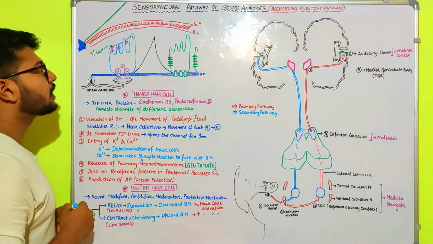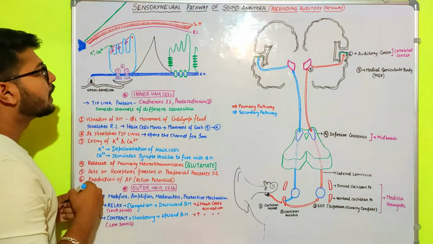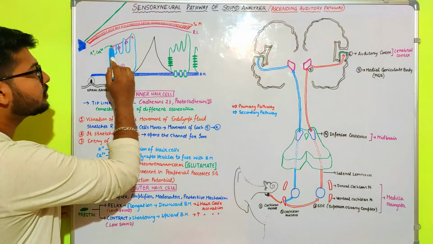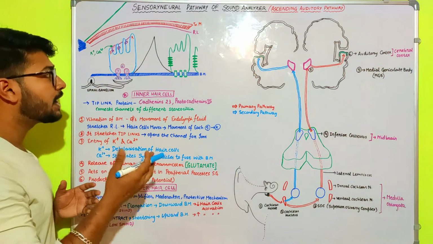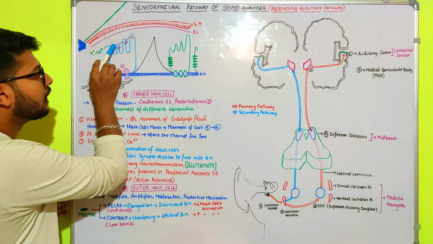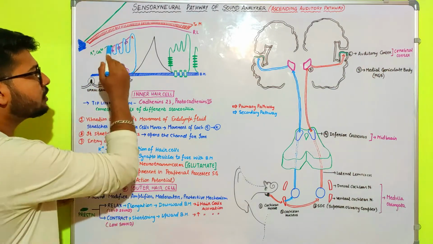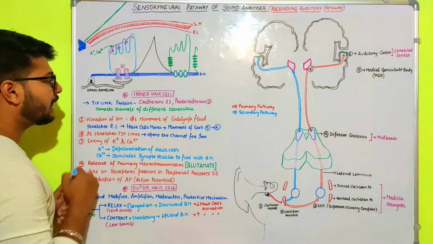In between these stereocilia we have special channels that provide the entry of potassium ions, and connecting to them we have special proteins that connect these channels. What are these? These are tip-link proteins.